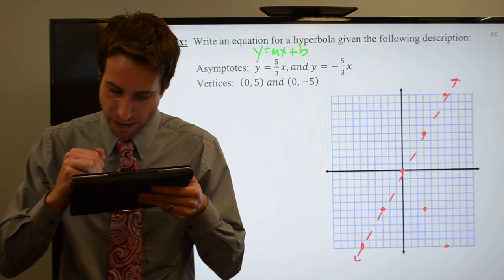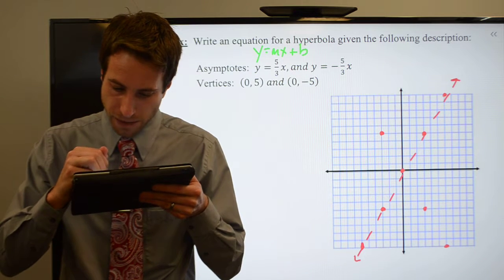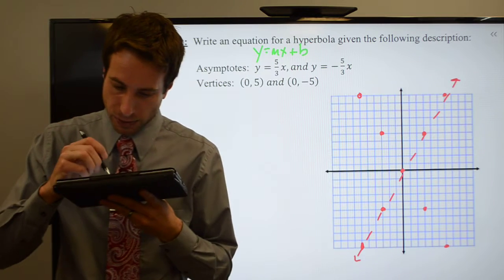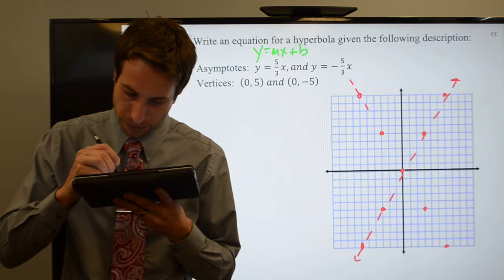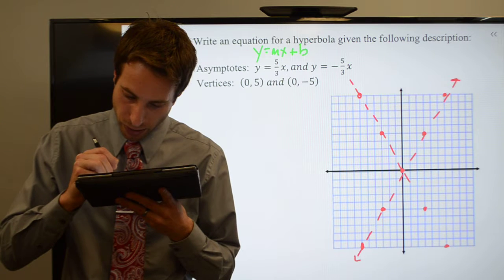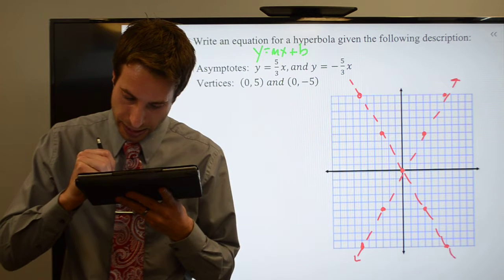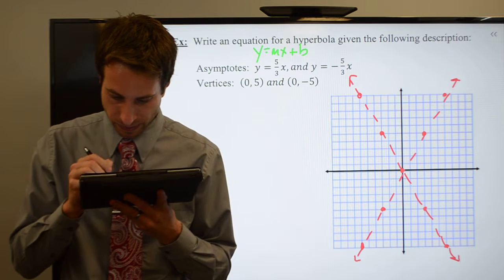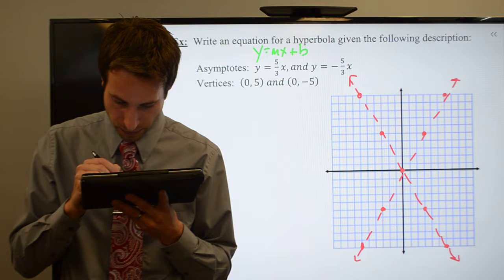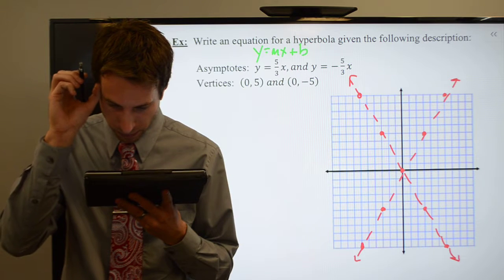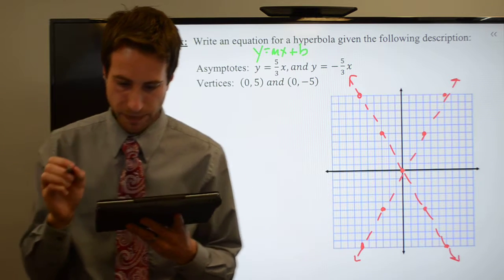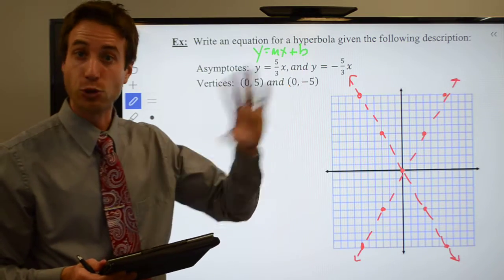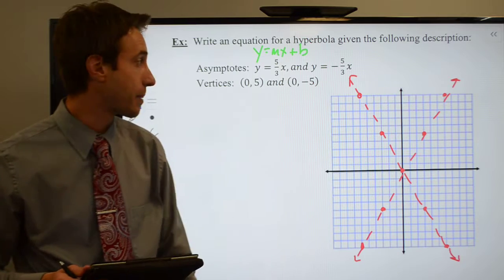I'll go up 5 and back 3, up 5 and back 3, and look at that. There's my other asymptote. Let me draw a dotted line through that. So, now that's graphing my asymptotes, which are in slope-intercept form, y equals mx plus b.